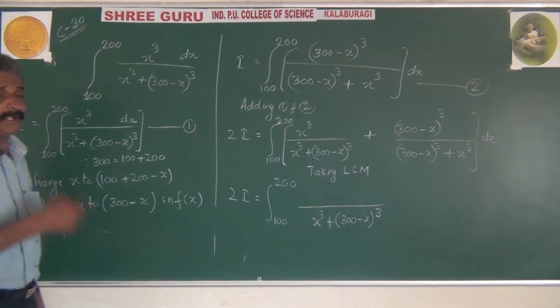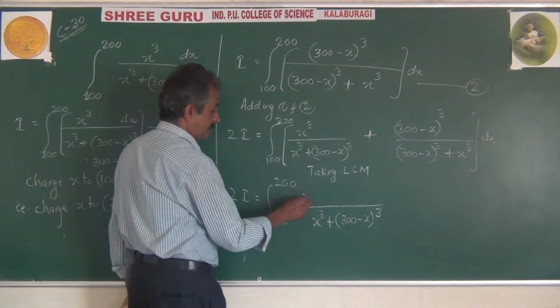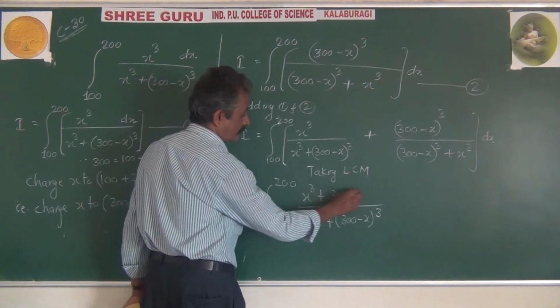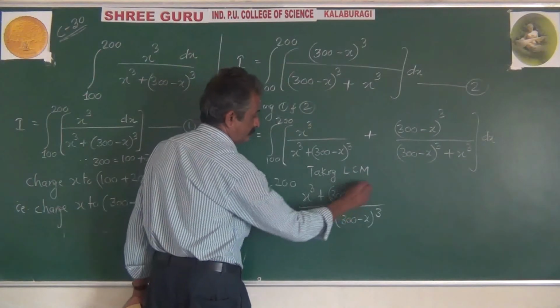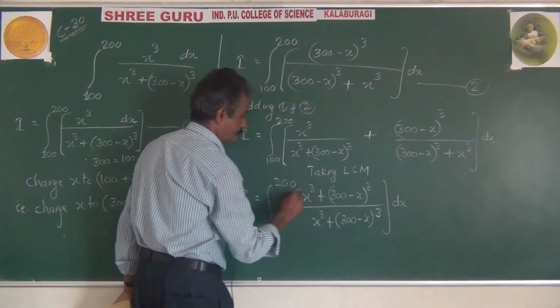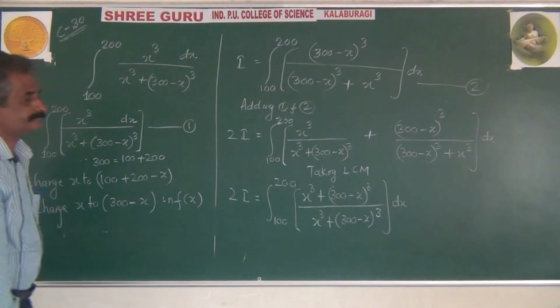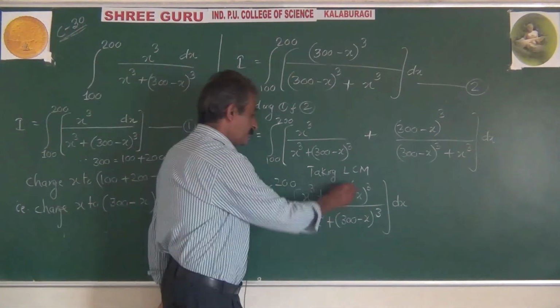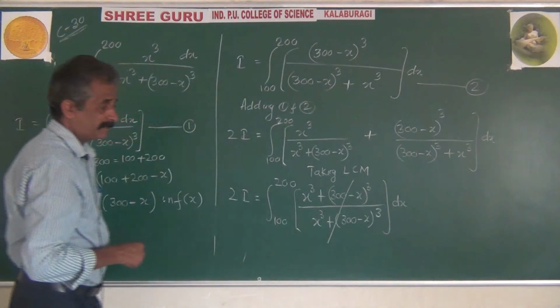We just need to add the numerator quantities, that is x cube plus 300 minus x whole cube. Obviously, the entire expression will cancel out.